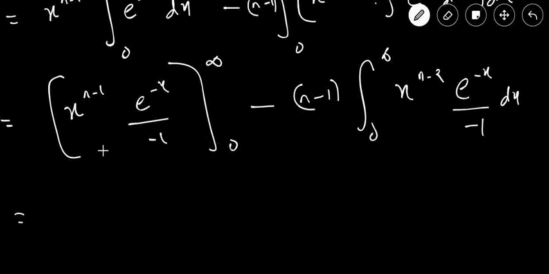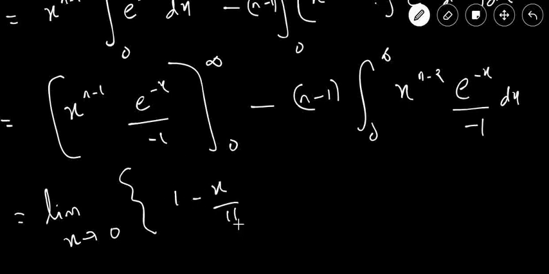So the upper limit e raised to infinity gives 0, minus of this minus 1 gives plus, and we have to limit it to x tends to 0 by the Maclaurin series expansion. So the Maclaurin series expansion of e raised to minus x is 1 minus x upon 1 factorial plus x squared by 2 factorial minus x cubed by 3 factorial plus etc.